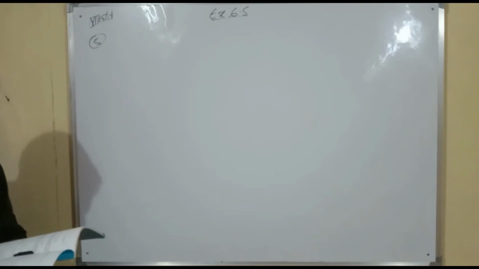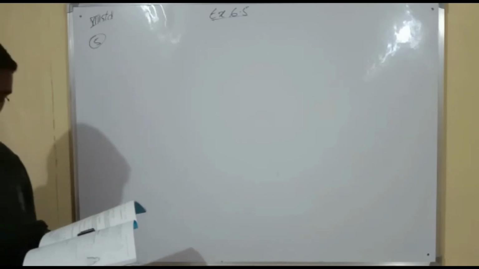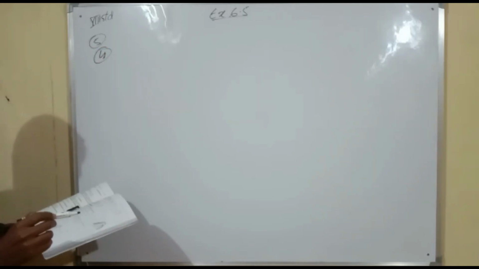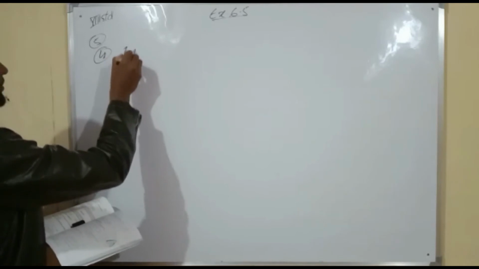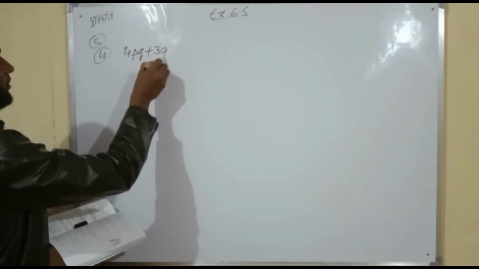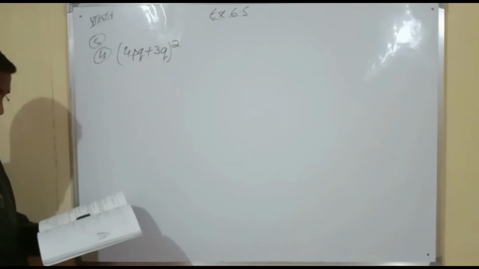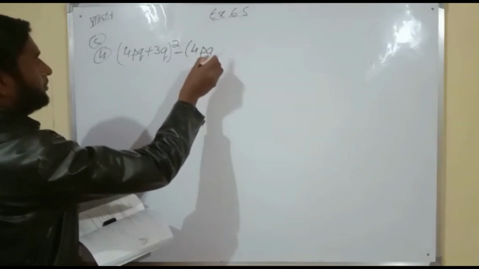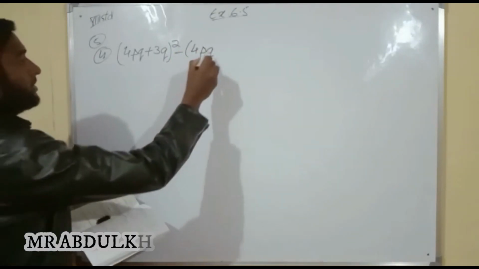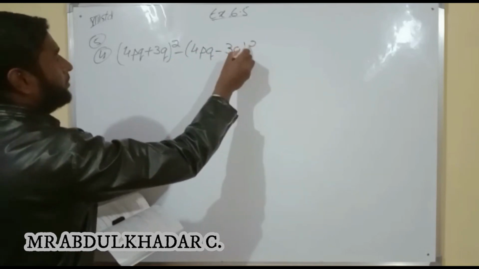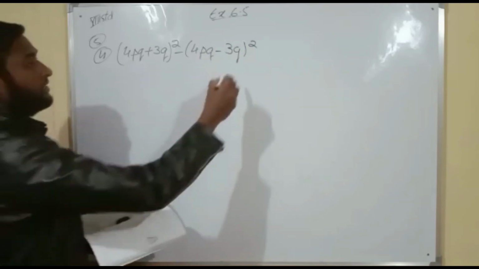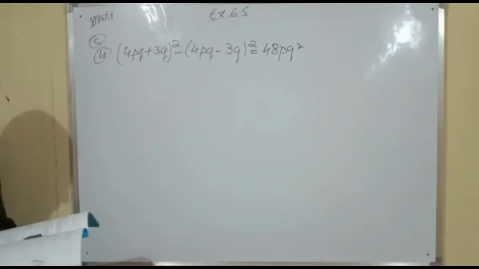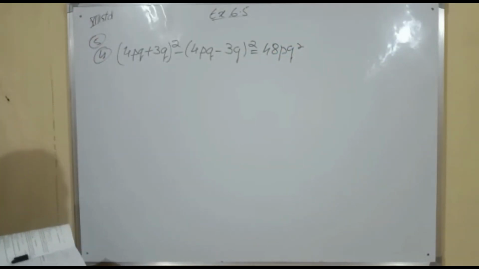I will try the fourth one, and the second and the fifth one will be given as homework. I have to prove it as 48pq square.